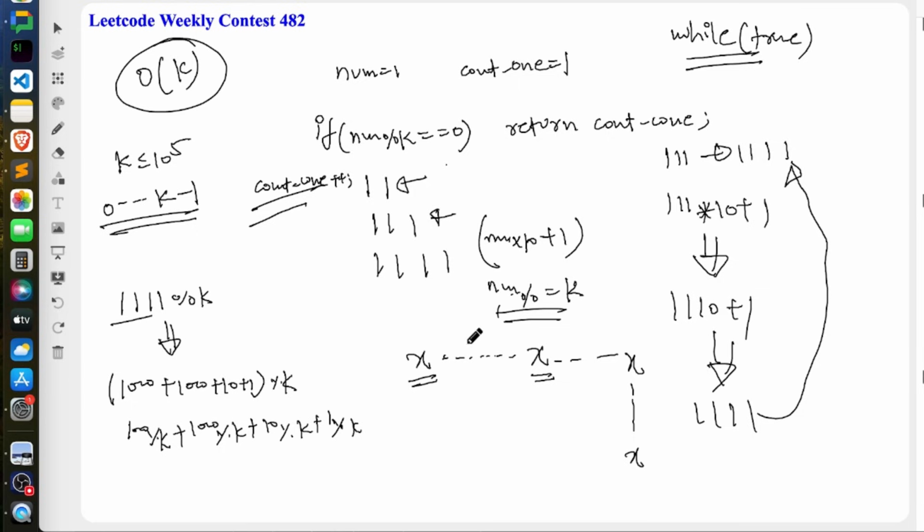So just check if this remainder value is already visited or not. If that is already visited, your answer won't exist, then just return -1. Otherwise you keep on doing this process, right? In this case you will be having all the numbers from 0 to k minus 1. You would only visit all the numbers from 0 to k minus 1, for the complexity order of k.